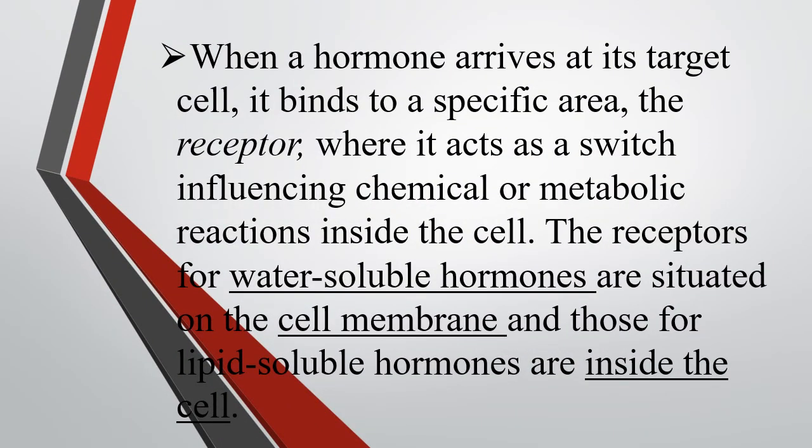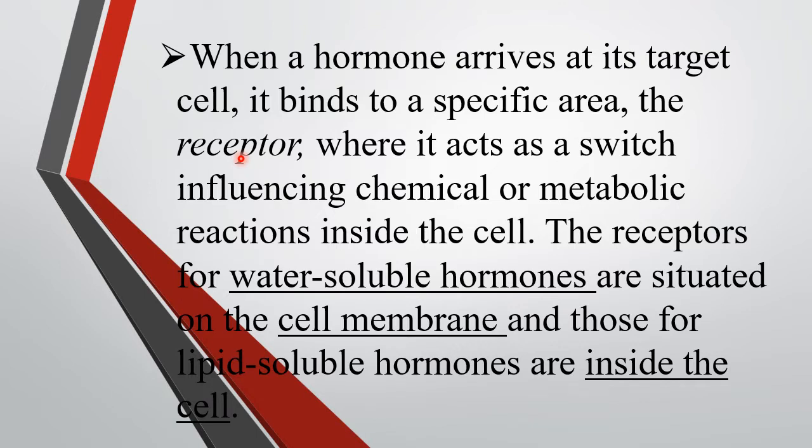Okay, let's say a gland produces a hormone, and then this hormone goes into the bloodstream. So it travels through the bloodstream, and once it reaches its target cell, the hormone binds to its receptor. So that's what you call a receptor. This is the binding site of a protein.